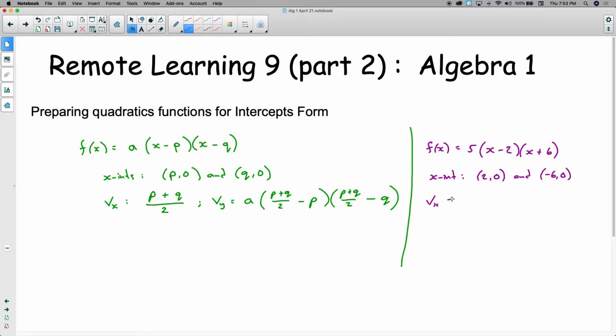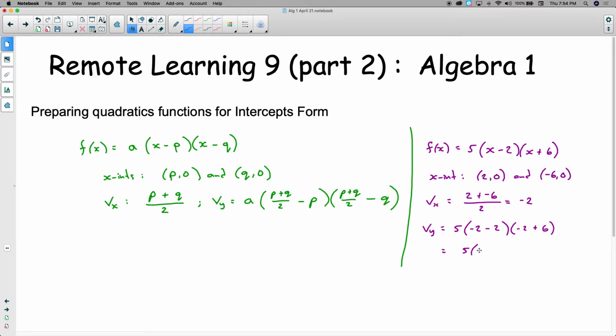The vertex's x-coordinate is going to be found by averaging those values, and that is going to wind up to be negative 2. And the y-coordinate is going to be found by then putting that negative 2 in for x in the f function.